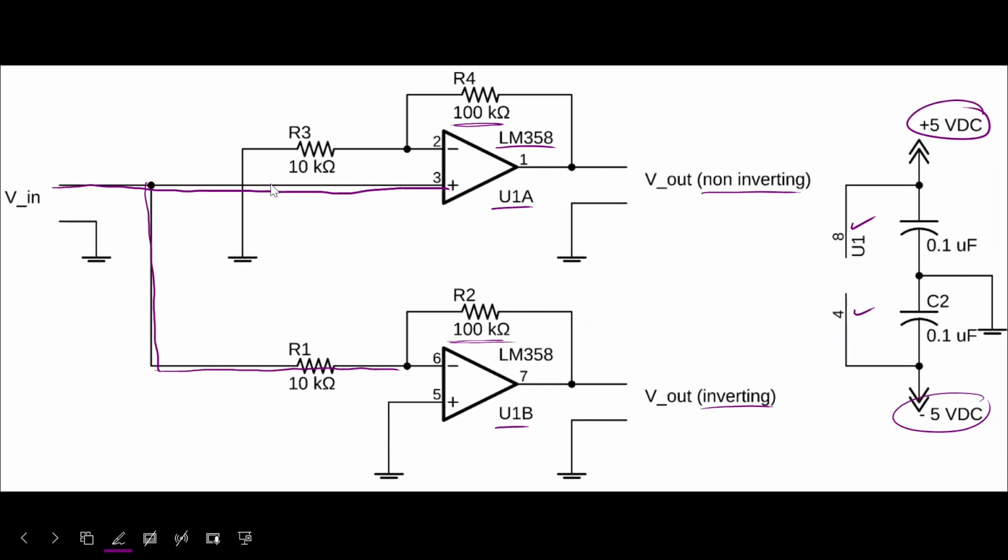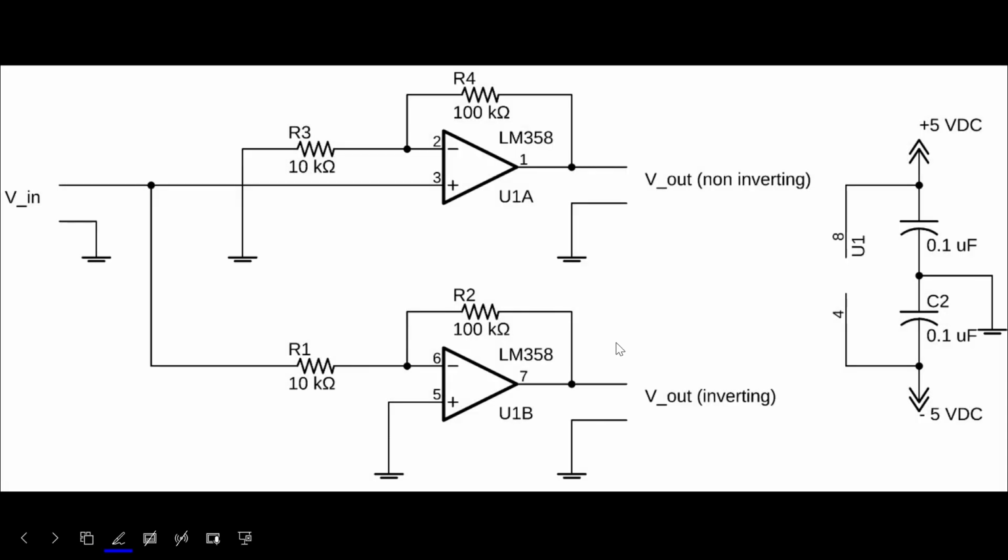You'll notice that the non-inverting amplifier has this resistor as well, but this time that resistor is tied to ground. So non-inverting, input is applied directly. Inverting, the input is applied via that R1 resistor.